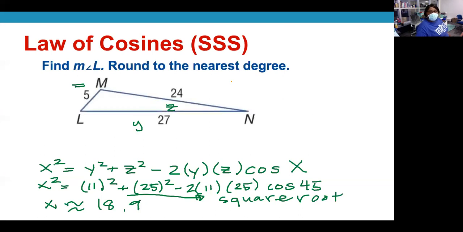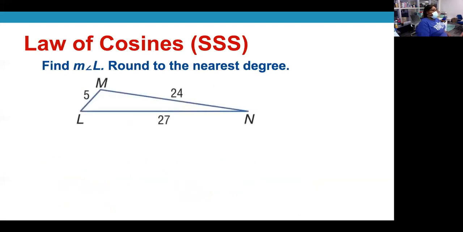If you have only the sides, and then we need to find angle L. We have only the sides. We need to find angle L. All right.